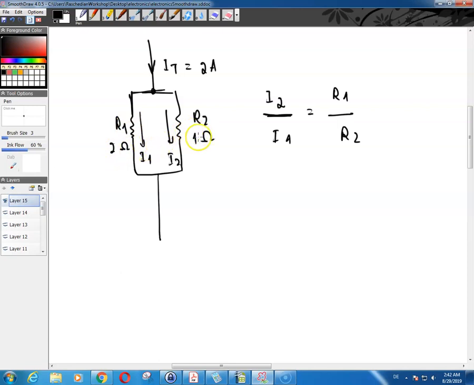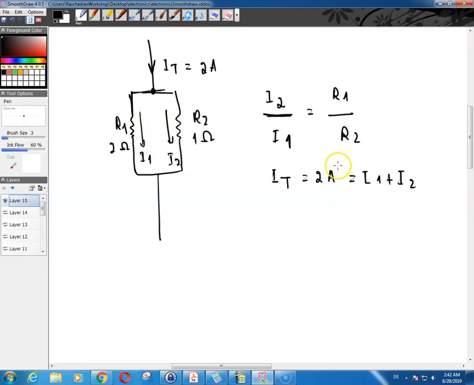It's 2 ohm and 1 ohm, so the ratio would be 2 to 1, which is 2 over here. But I2 and I1 are unknown, so I cannot solve this equation. What I can do is that I know that I of t, which is equal to 2 amps, is equal to I1 plus I2, because this is a parallel circuit.